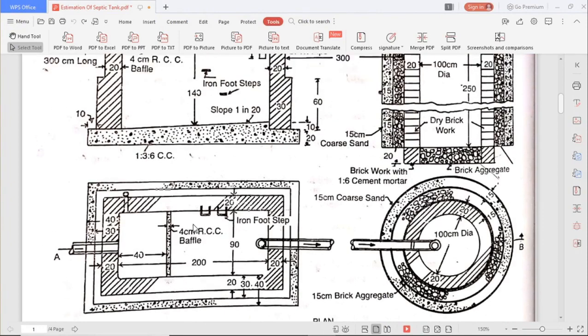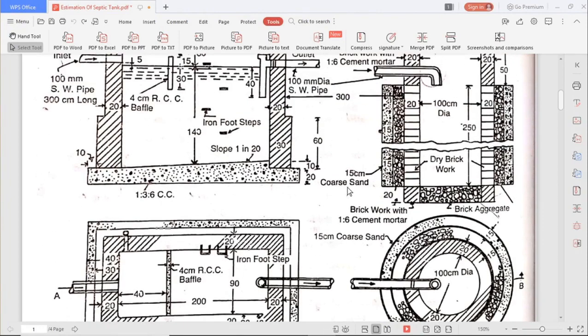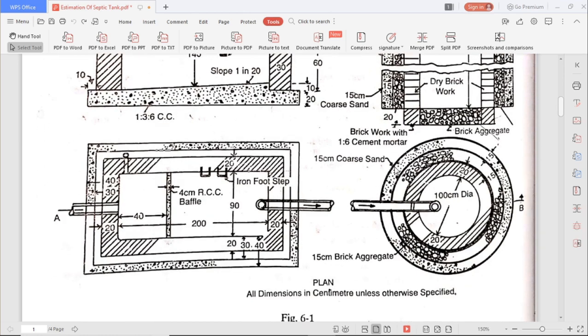Then coarse sand is the outer sand, then 50 size aggregate at the outer side and bottom of the soak pit. Then the baffle wall we can see.